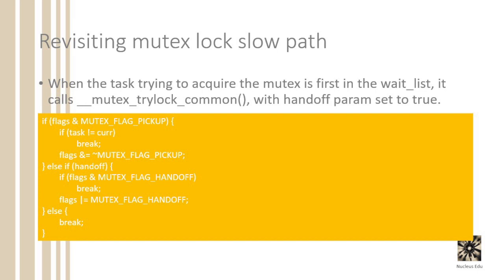If it is equal to current, that means the mutex has been handed over to the running task and it clears the bit, and later in the function you see that it returns null. And if you recall, this function returning null means success, and that's how the mutex handover successfully happens from the task which set the pickup bit to the task which had set the handoff bit.